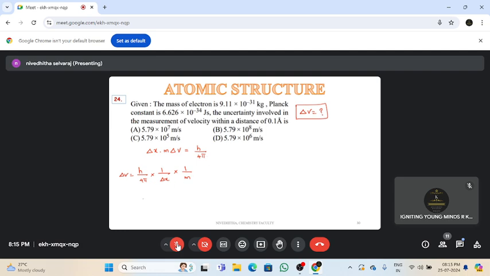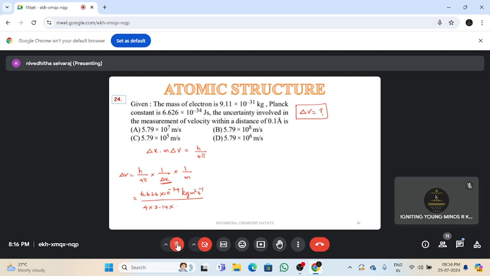So the value of Planck's constant is 6.626 into 10 to the power of minus 34 kilogram meter square second power minus 1, divided by 4 into value of pi is 3.14, and uncertainty in position is given as 0.1 angstrom.